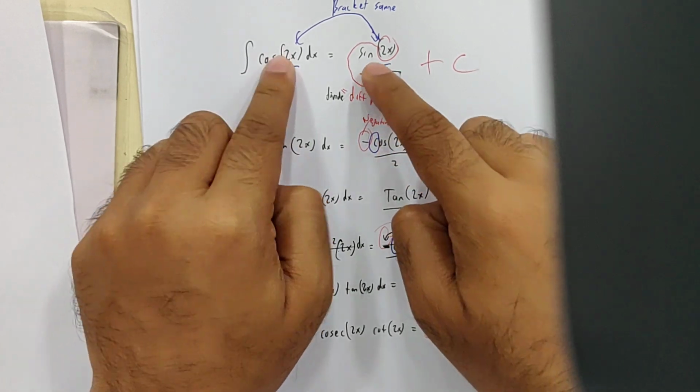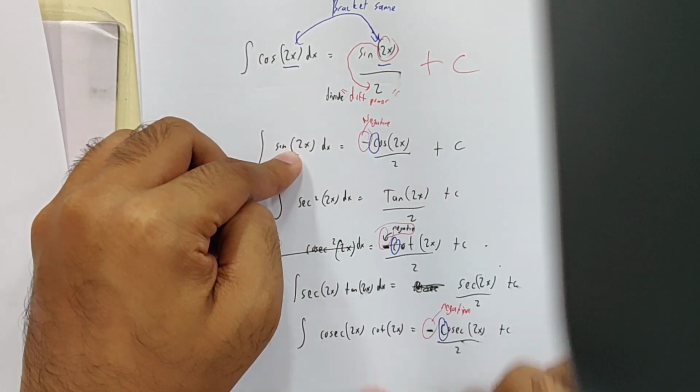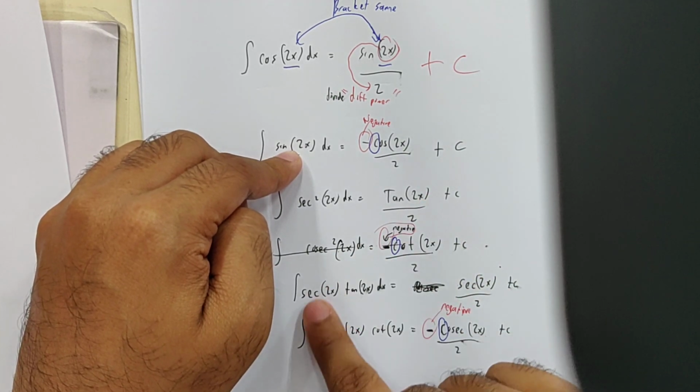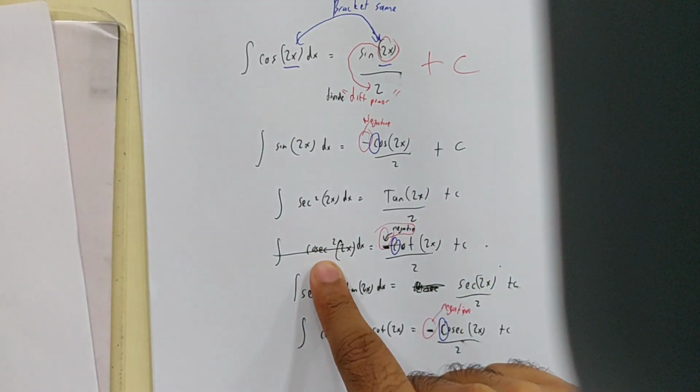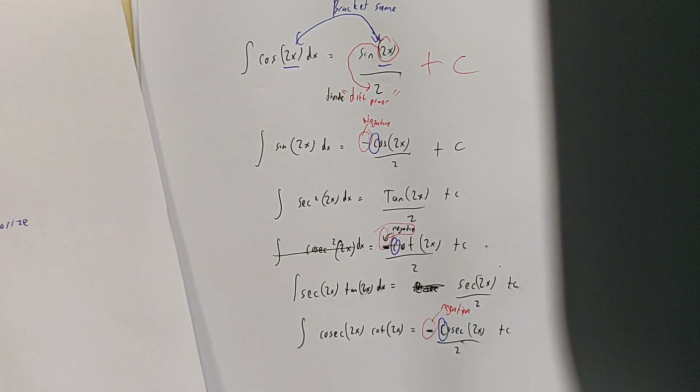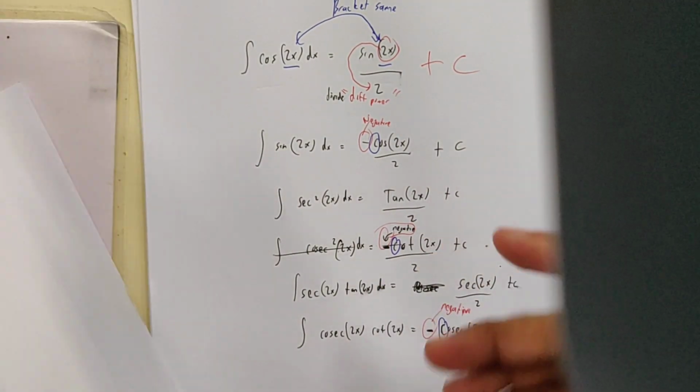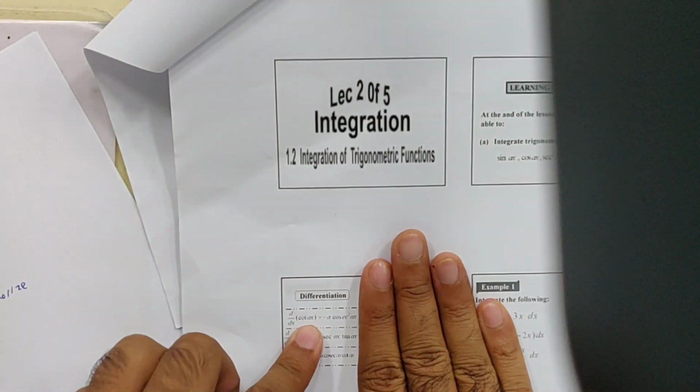For these two, might be easy for you. For the rest, it's tough. You need to remember that sec squared is tangent. You need to remember that cosine, you need to be able to use the formula to reverse the process. Which formula will you be given in exams? Just this tiny little bit.